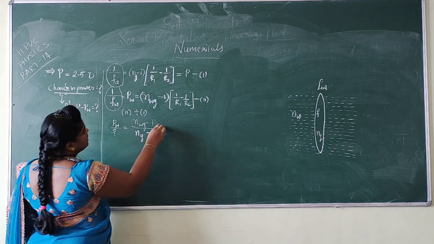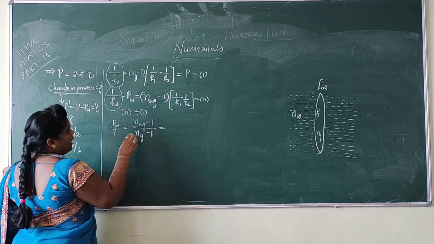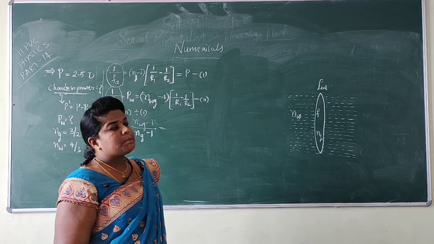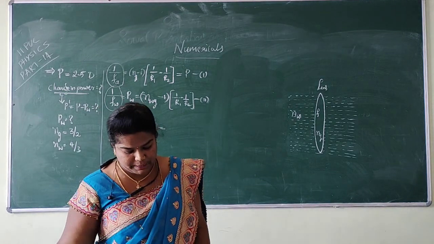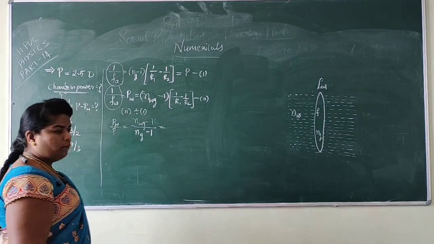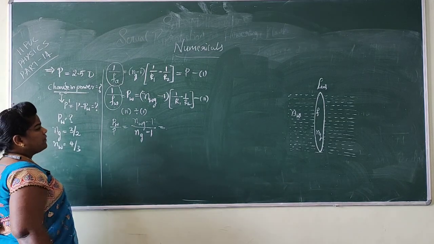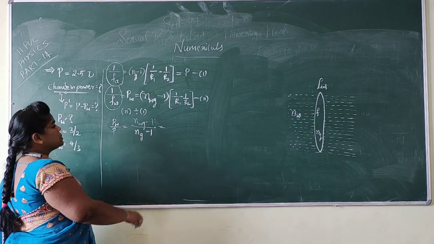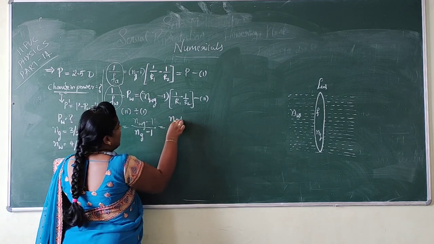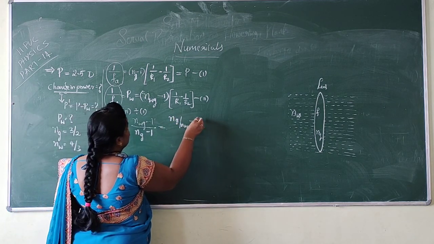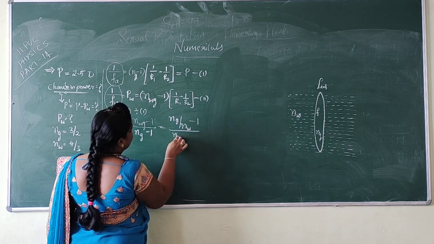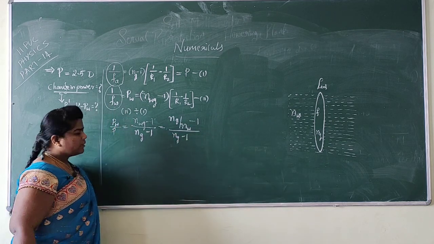Then how to write this? NWG. Yes students, already you know that I just placed a lens inside the water. It means the ray of light is coming out from water to which medium? Glass medium. So here N2 is G and N1 is W. So NG by NW minus 1, divided by NG minus 1.